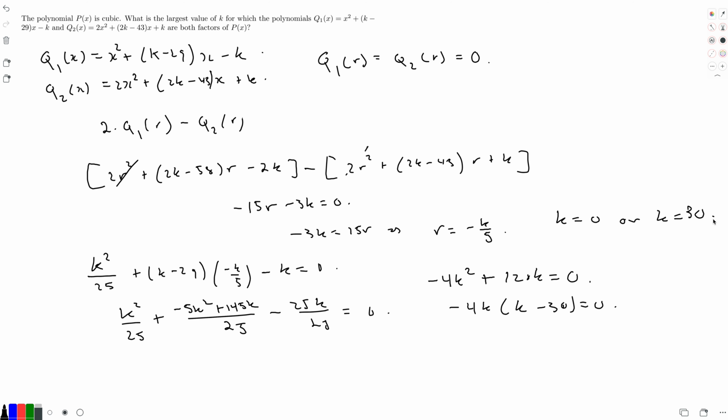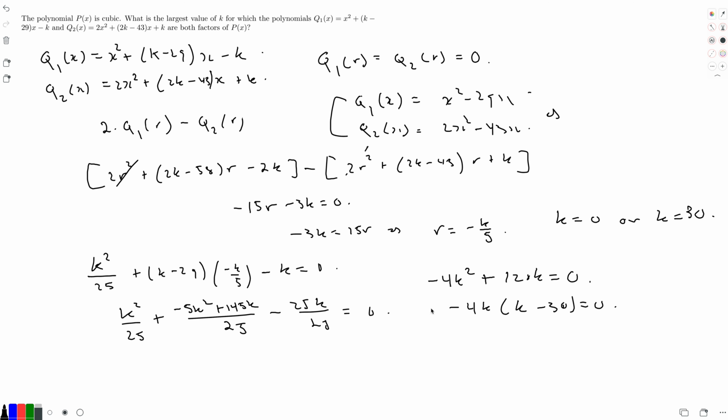Testing k equals 0 gives q1 of x equals x squared minus 29x, and q2 of x equals 2x squared minus 43x. These don't contain a common root other than x equals 0, and hence this solution is bogus.